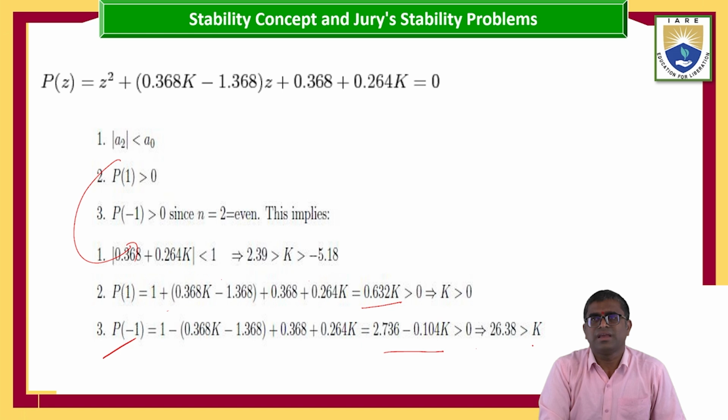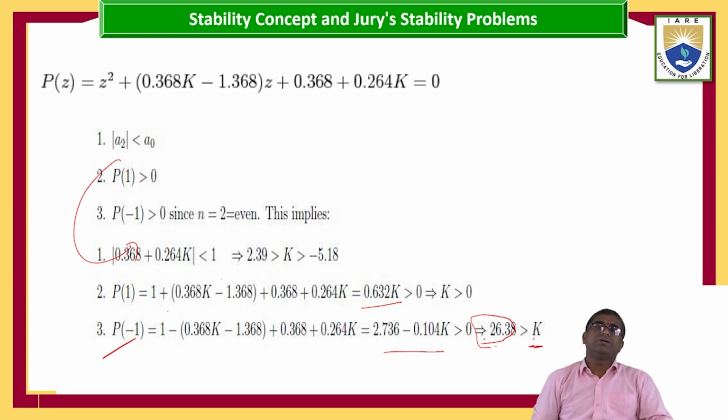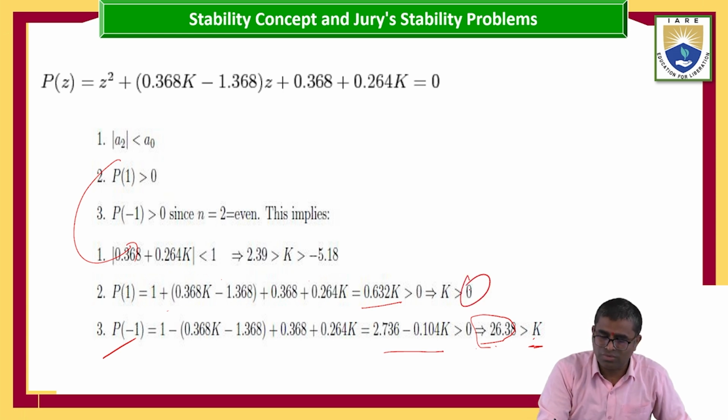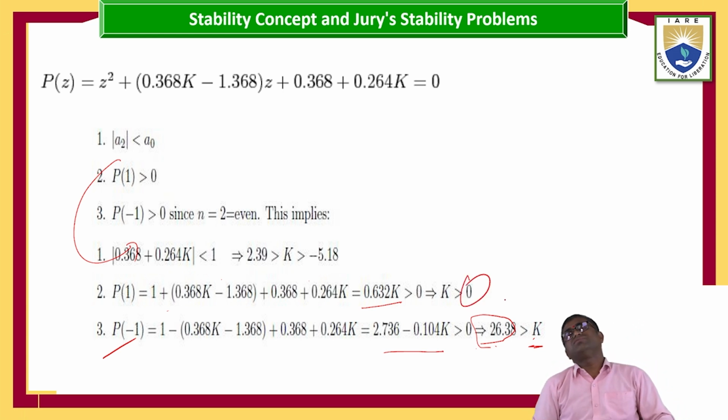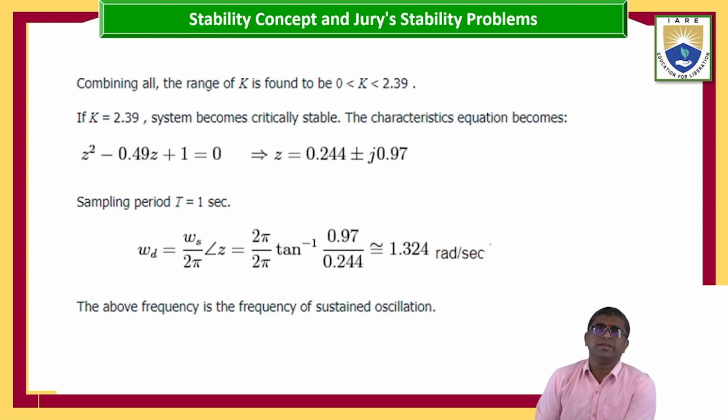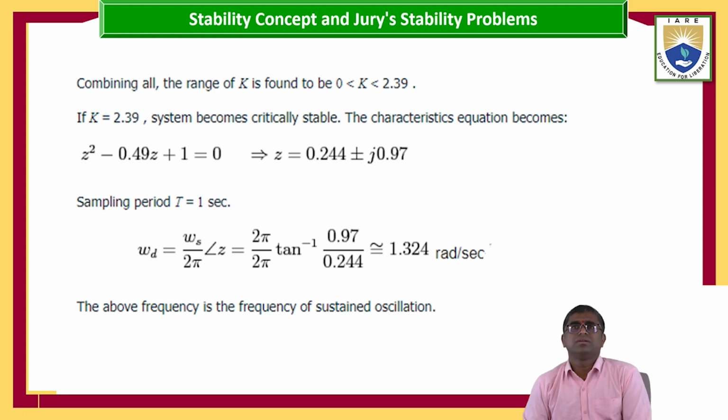That is, the k value is below this value, from k equal to 0 to 26.38. That is nothing but the k range will be between 0 and 26.38.